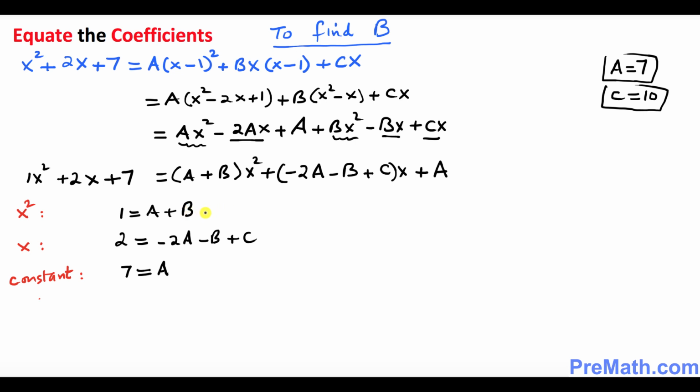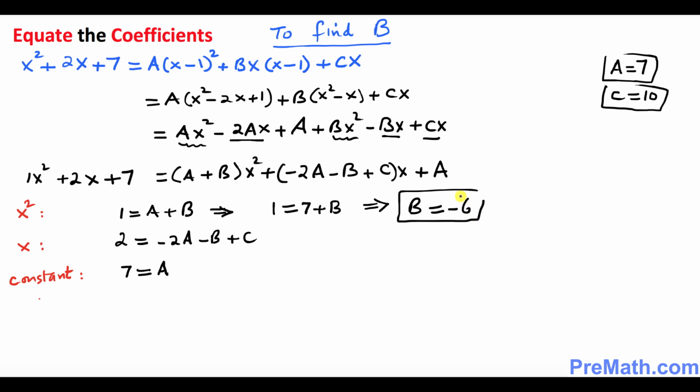So now we want to find B. Look at the top equation. I can write 1 equals, we know A is how much? 7. You just plug it in, 7 plus B, which gives you B equals negative 6.